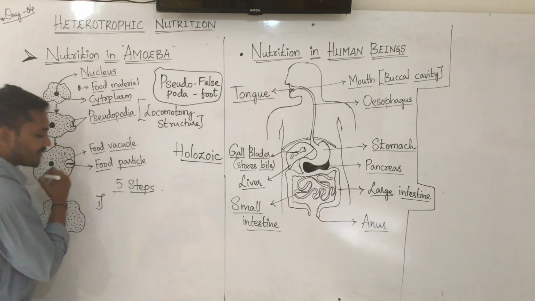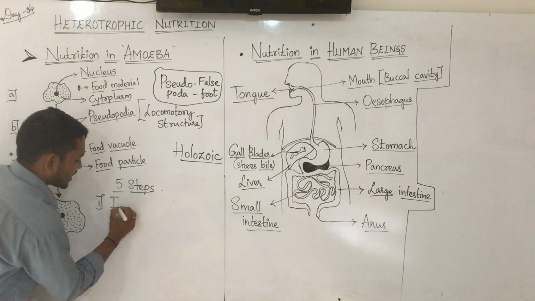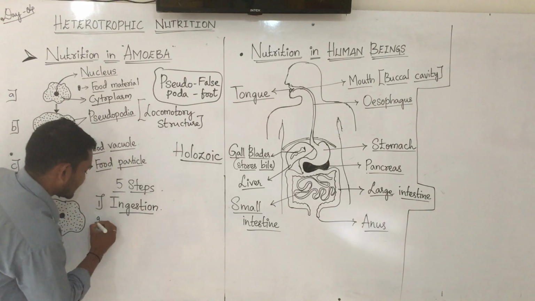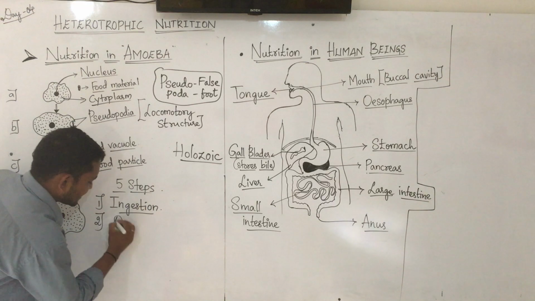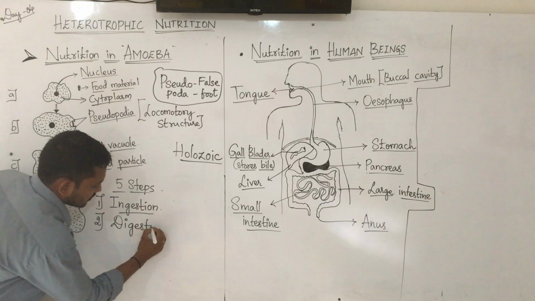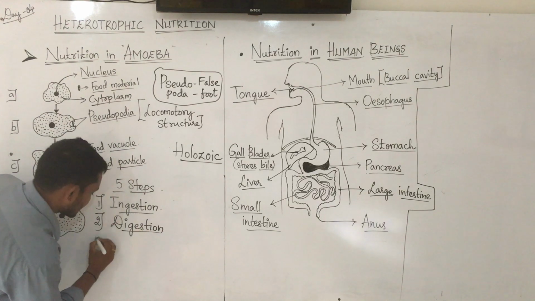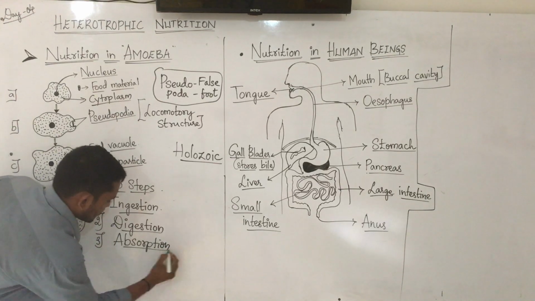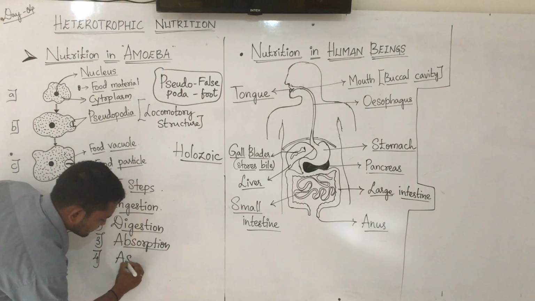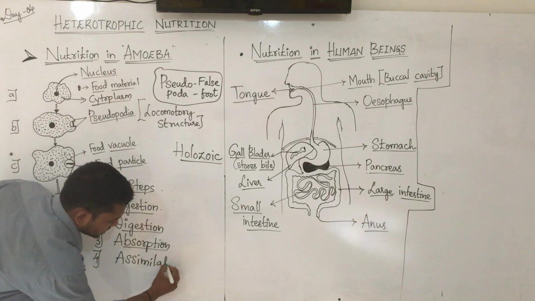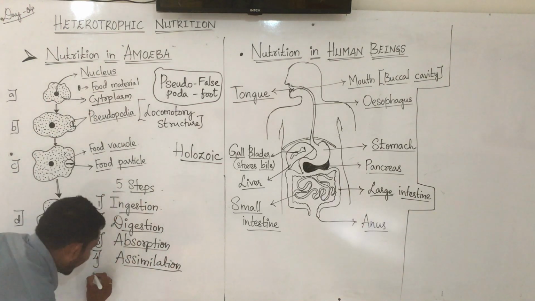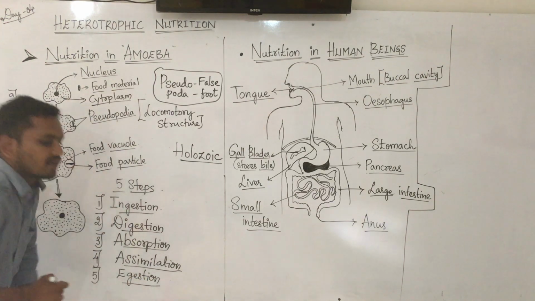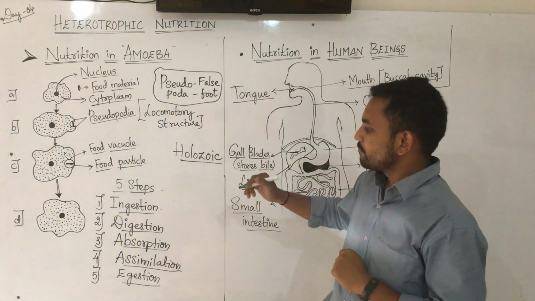Namely, the first is ingestion, the second is digestion, the third is absorption, the fourth is assimilation, and the last process is egestion. So we can easily understand this by knowing these 5 simple steps.